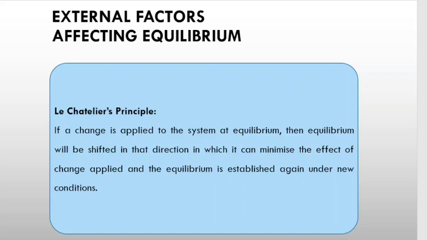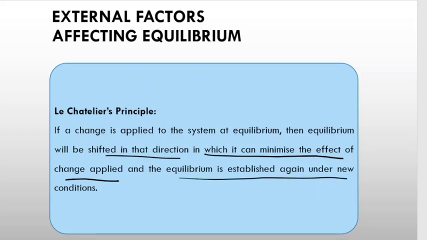If a change is applied to the system at equilibrium, that means if the system is already at equilibrium and we try to apply a change to it, then the equilibrium will shift in that direction in which it can minimize the effect of the change applied. And equilibrium is established again under the new conditions.